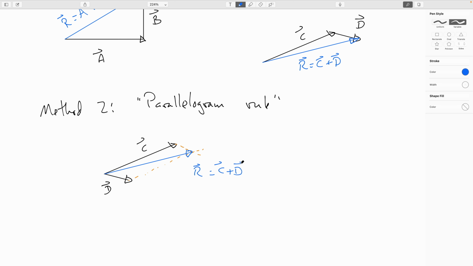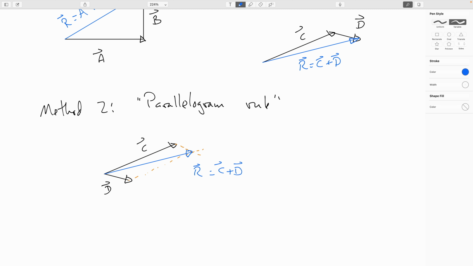The only thing where you need to use one specifically versus the other is, say, if you've got two vectors that are parallel or anti-parallel, you won't be able to use the parallelogram rule for that. You'll have to use the tail to head. But for anything else, either approach is fine, and you'll always get the same answer.